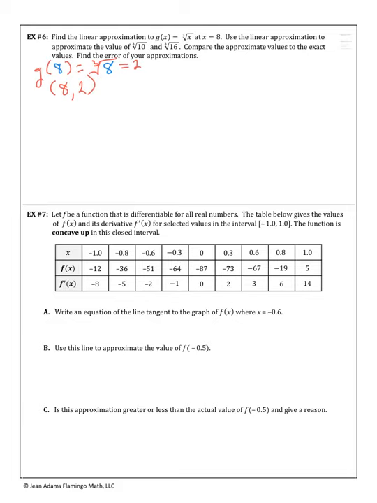And then we want to find the derivative of our function. So g of x, remember, can be written as the cube root of x, which is written as x to the 1/3.